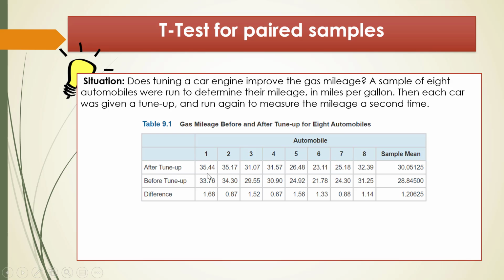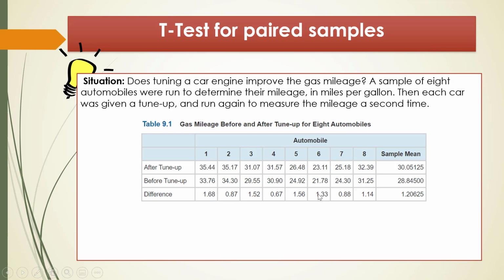And then we compare the mileage before and after. So for these paired samples, if we take the difference by taking each number in the after tune-up and subtract the corresponding number in the before tune-up, we have a new sample of 8 numbers.